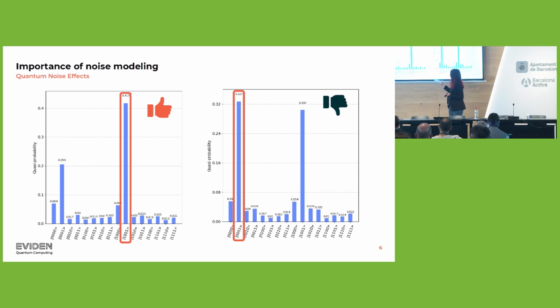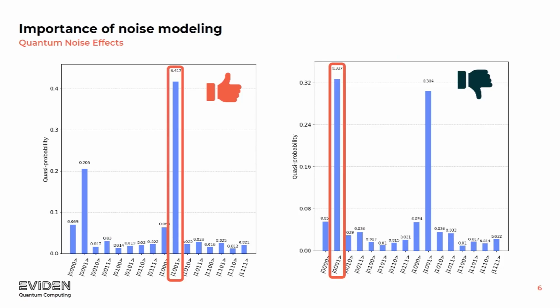We obtain the 1001. Or we could obtain another state, in this case 0001, that is incorrect. Therefore, noise can lead to errors in obtaining the final state of the circuit. This state is correct, and this is not correct. This is because of the noise.